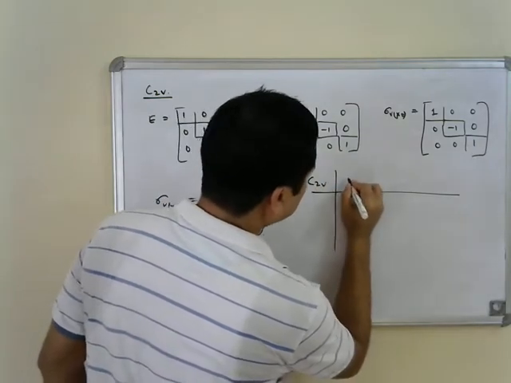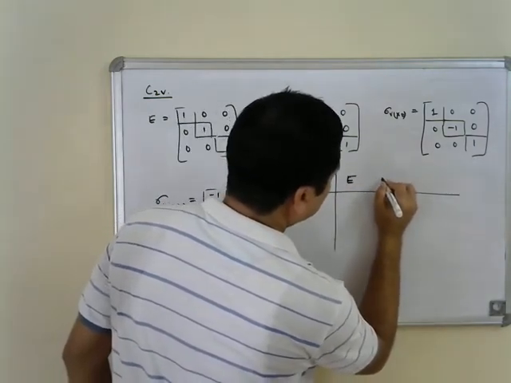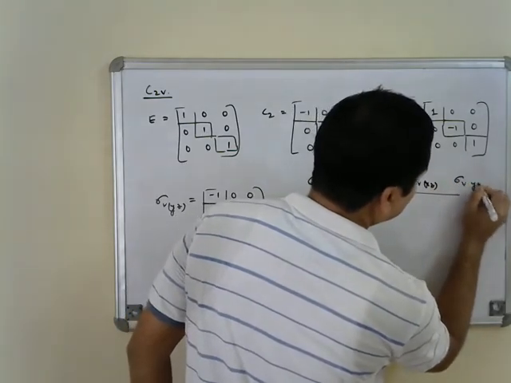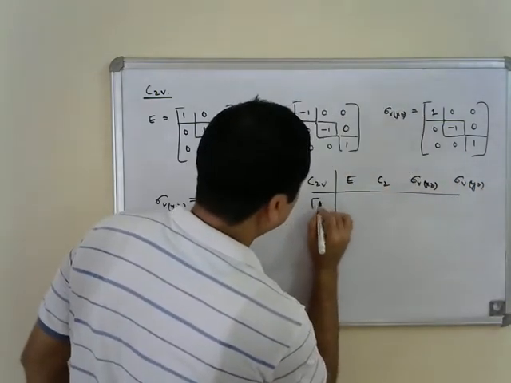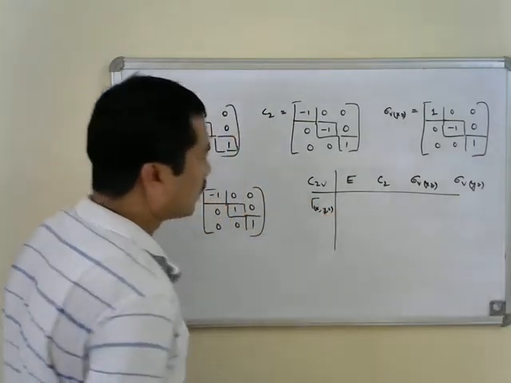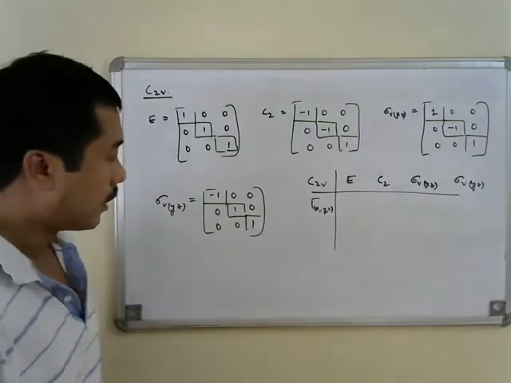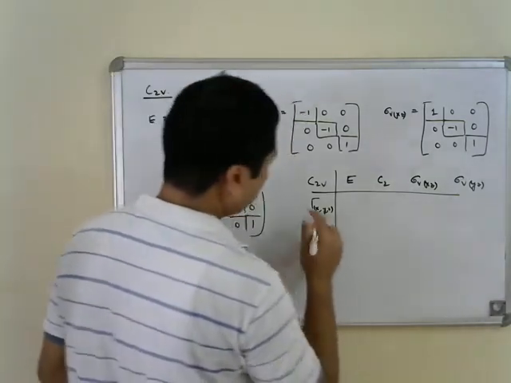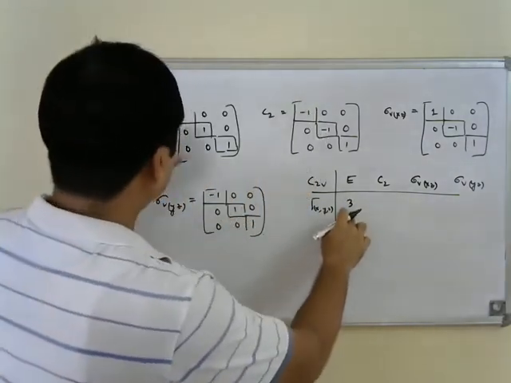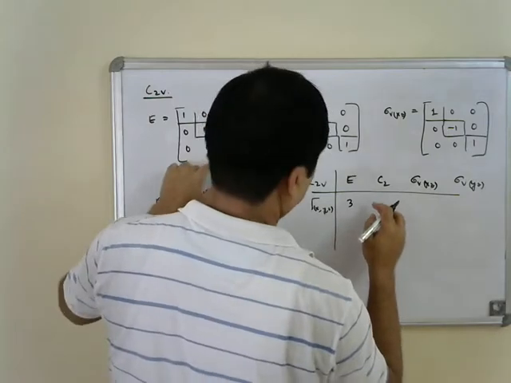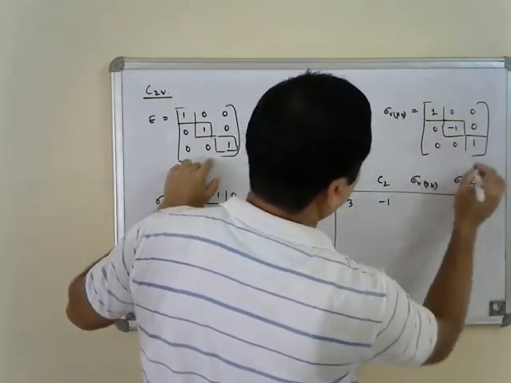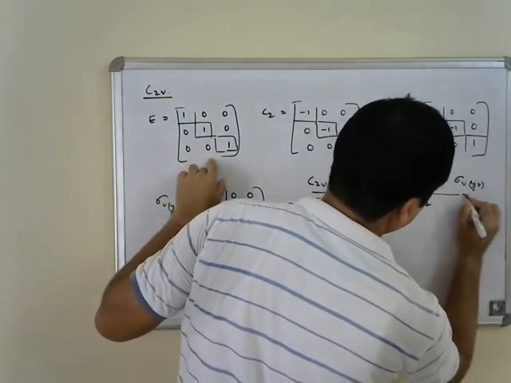So C2v, that is identity, C2, sigma v xz, sigma v yz, and if we write gamma xyz, that is by taking the three-dimensional Cartesian coordinates on the oxygen atom as the basis for the water molecule in the C2v point group, then we get 3 for the identity operation, the matrix representing the identity operation. This is minus 1 and this is plus 1, as well as this is also plus 1.